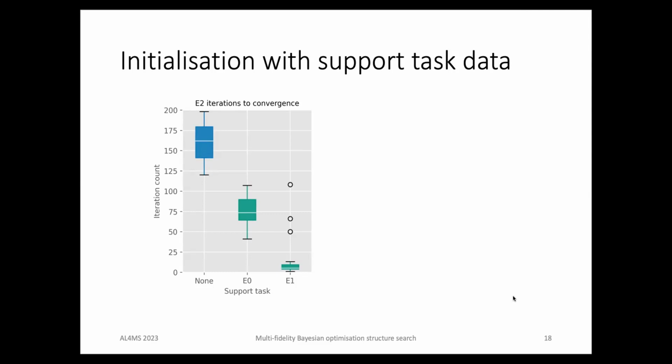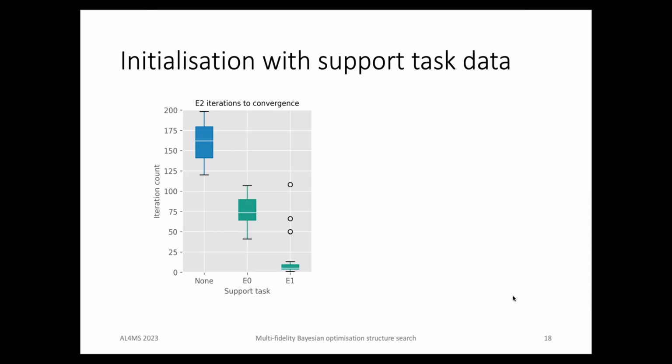And looking at the results, we see that initialization with the support task data reduces the number of iterations in the target optimization task. So the optimization finds the minimum faster, especially when we initialize with this E1 data. And that's because this E1 and E2 energy surfaces actually have the minimum in the same location in the rotations search space.